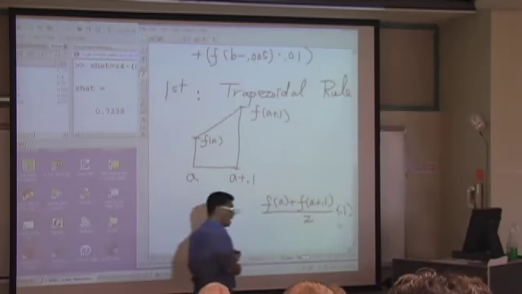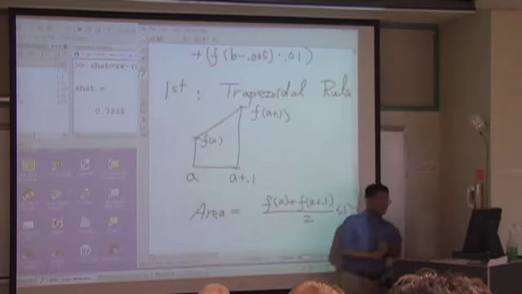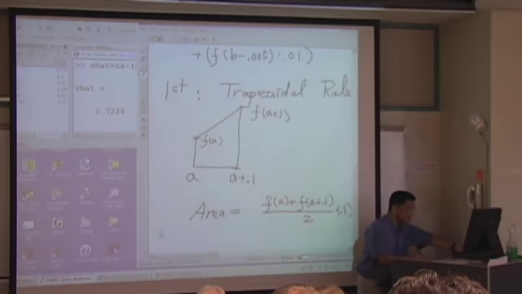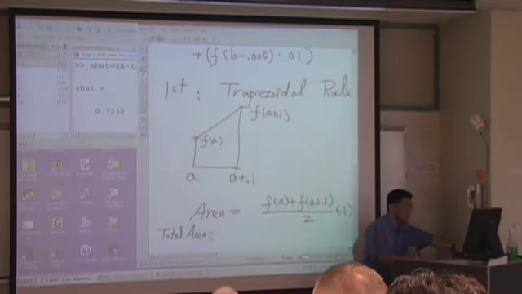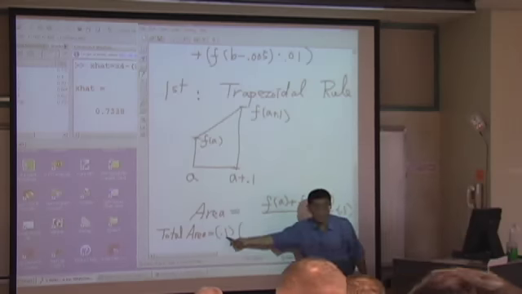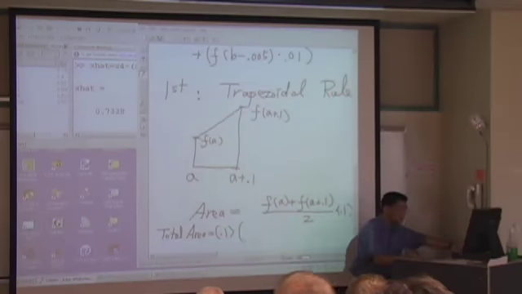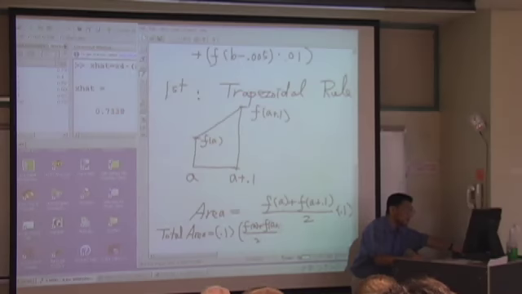Now the third order requires some calculation. Because of this reason, instead of going to third order right now, I will write the total area one more time. Total area equals this thing. 0.1 is multiplied all the way through, so I will just extract the common factor, the 0.1 width, right? So I will just write these pieces. F of A plus F of A plus 0.1.